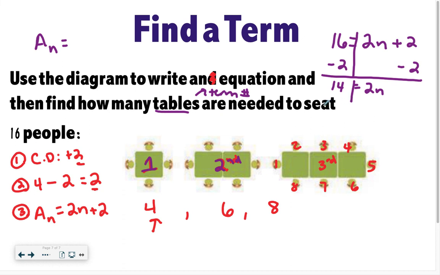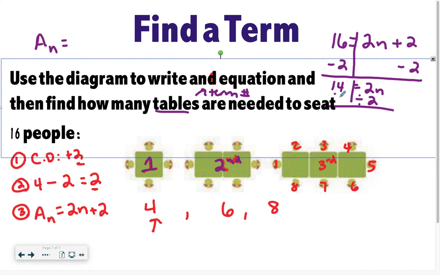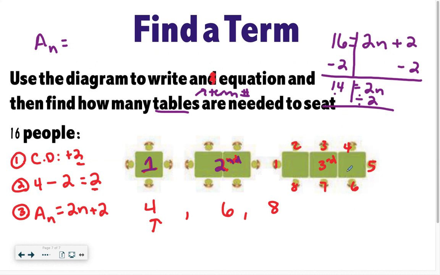And now I want to move the number that's touching my variable. So 2n is the same as 2 times n. And the way I undo multiplication is with division. So I am going to divide both sides by 2. I'm left with 7 equals n. So that means how many tables are needed? 7 tables.